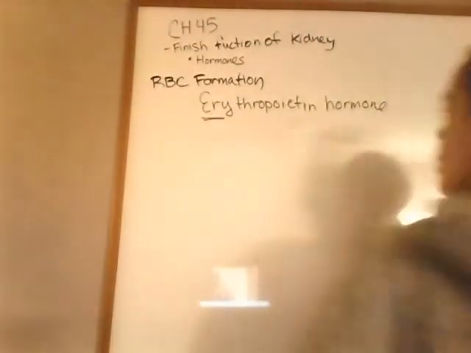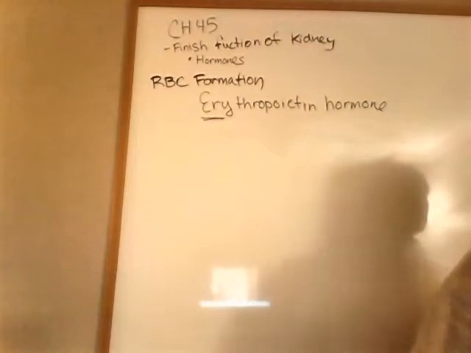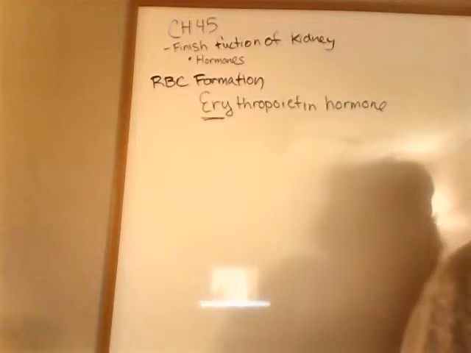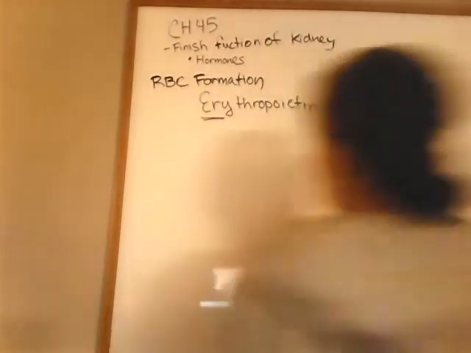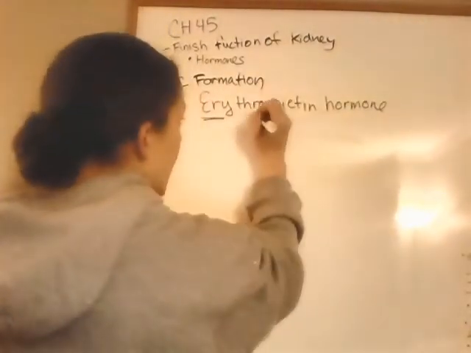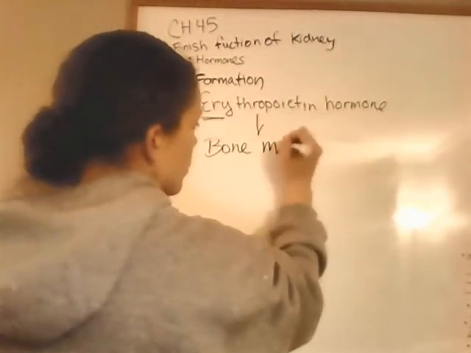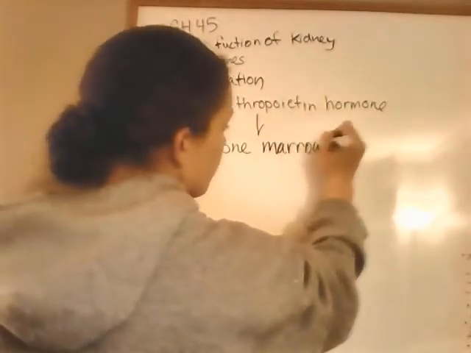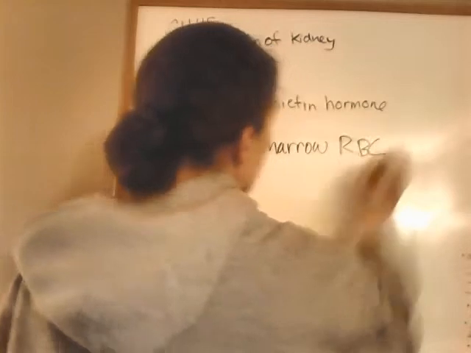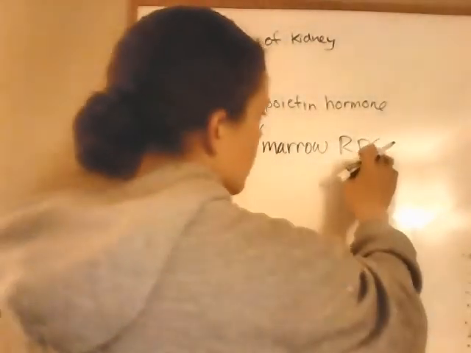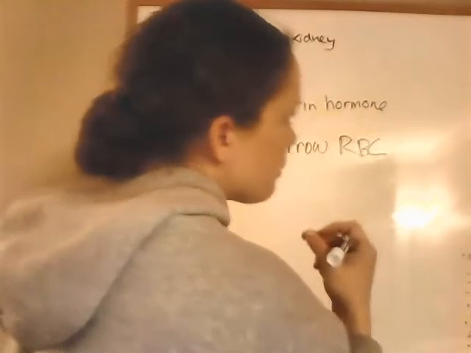So the erythropoietin hormone is produced in the kidneys, and it's produced in response to low oxygen or hypoxia and reduced renal blood flow. What this does is it acts on your bone marrow to increase the amount of red blood cells being made. So this hormone directly relates to red blood cells.